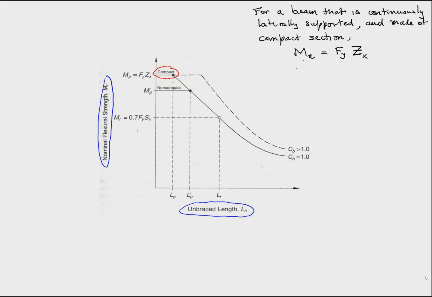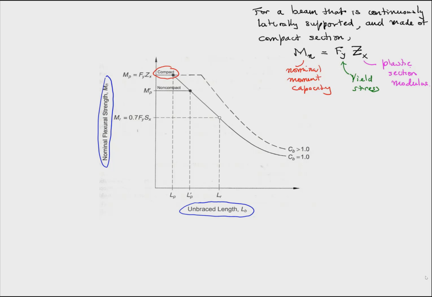This is the nominal moment capacity. This is the yield stress. And the plastic section modulus about the axis of bending, which is typically the strong axis, the x-axis.